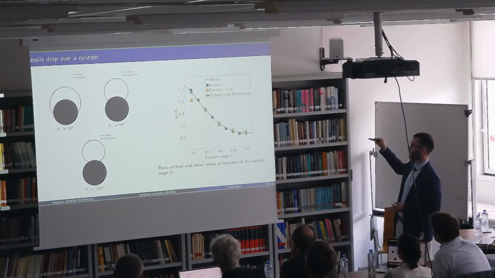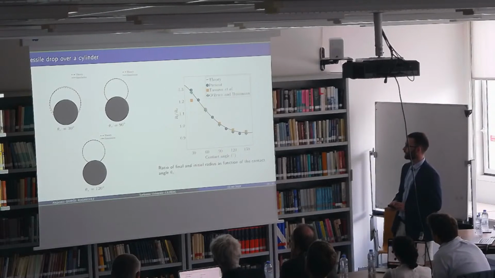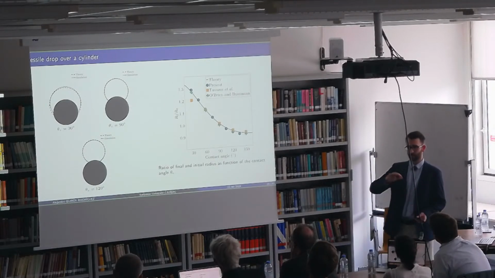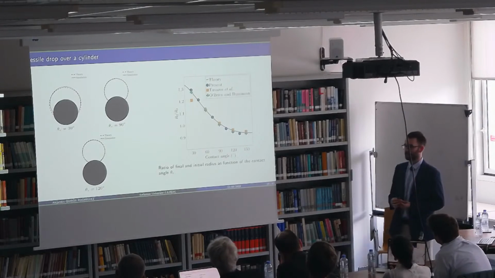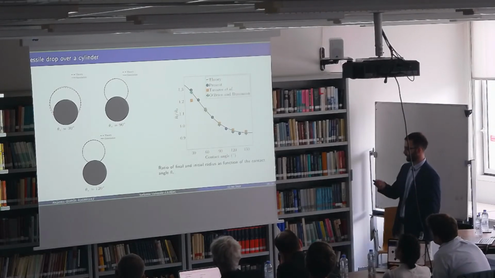Here we compare the theoretical solution and our simulations with two other references, again for the ratio of final and initial radius, and we can see that we have a good agreement. These two references use the cut-cell method to impose the boundary condition at the solid wall, but they use the one-fluid formulation at the free surface instead of also using the cut-cell method to apply this boundary condition.